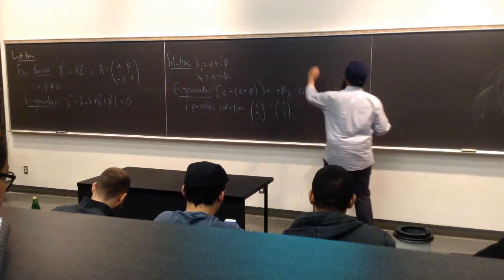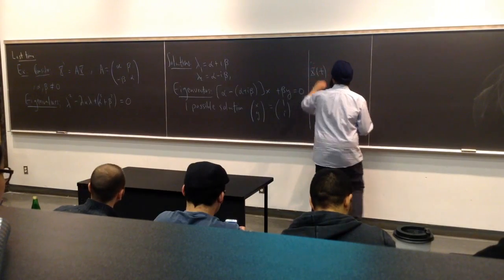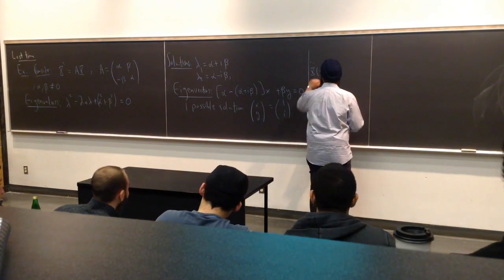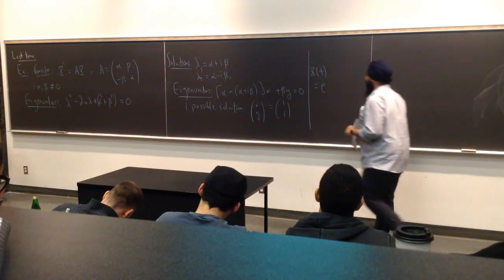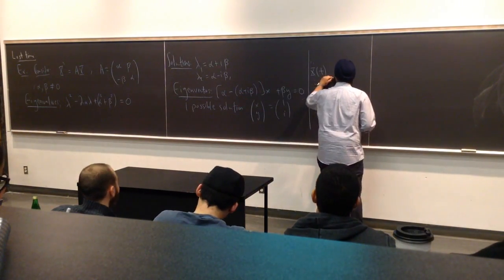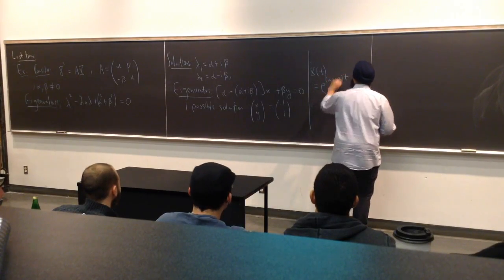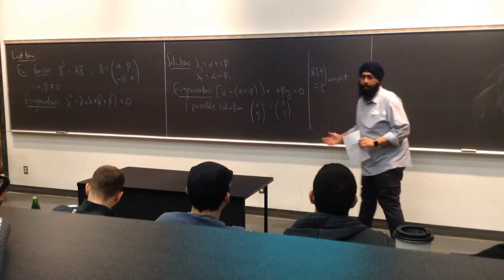Okay. So therefore, one possible solution, x of t, is equal to e to the eigenvalue, which in this case I'm taking the first one, alpha plus i beta, times t, multiplied by the eigenvector, (1, i).